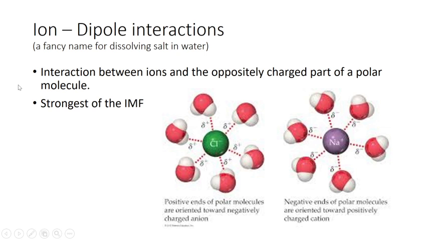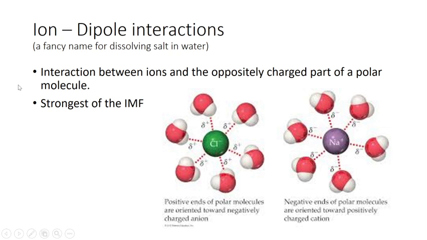It is the strongest of the intermolecular forces, and a common example of this is some sort of salt dissolved in water, as you can see in the picture here, where we have the positive ends of the polar molecule, in this picture water, facing towards the negatively charged anion, in this case chloride.